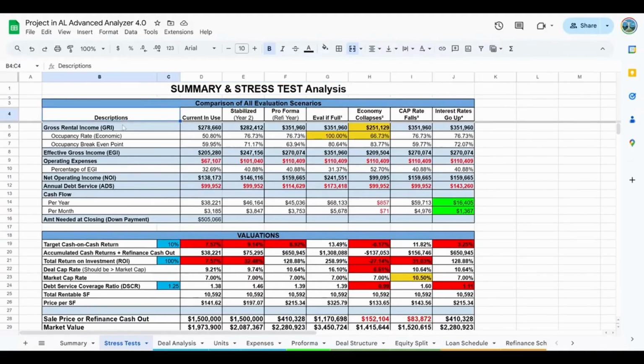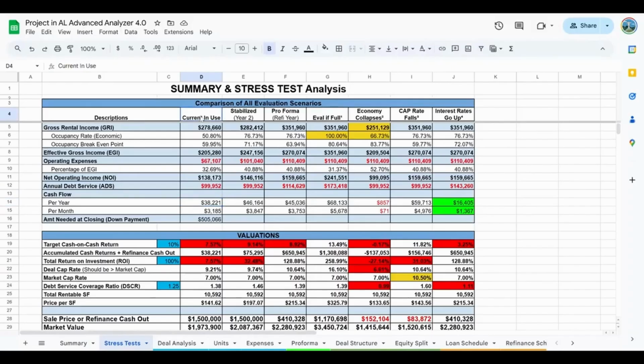Over here you can see it brings in all the main numbers that you're going to be needing to compare once the economic situations change. So you get your gross income, your effective gross income, your operating expenses, and then it calculates your NOI and your debt service, and then it comes up with your cash flow you're going to be getting for all these different scenarios.